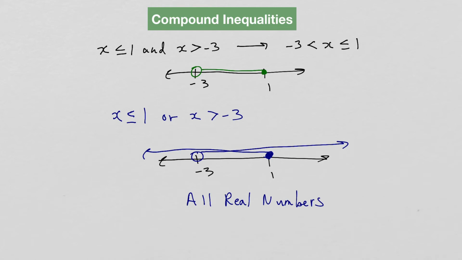Okay, so we went from a conjunction to a disjunction. Now let's look at another example where we go from a disjunction to a conjunction. Okay, so in this scenario we have x is less than -2, or x is greater than 1. Okay, so let's graph that and see what that looks like.